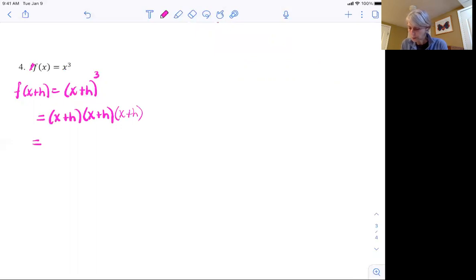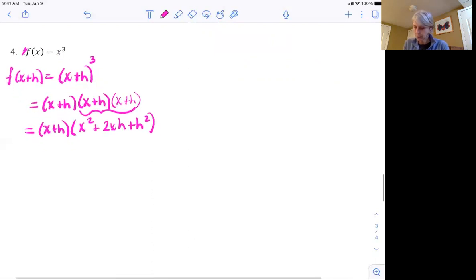I'll leave this one alone. I'll FOIL out these two, but hopefully you know that this is really just x squared plus 2xh plus h squared. Now we're going to work it through. So I'm going to distribute x cubed plus 2x squared h plus xh squared.